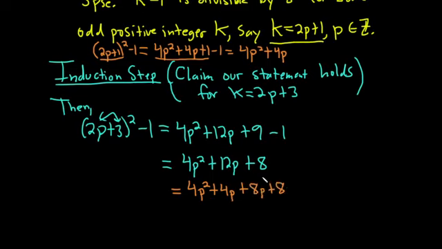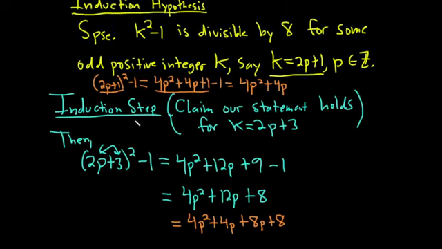Let me just go over that again. We've written down our hypothesis. We go to the induction step and plug in the 2p plus 3. We get here and ask, okay, what's going on? How do we do this? We have to use the induction hypothesis. The induction hypothesis says that k squared minus 1 is divisible by 8 for some odd positive integer k.